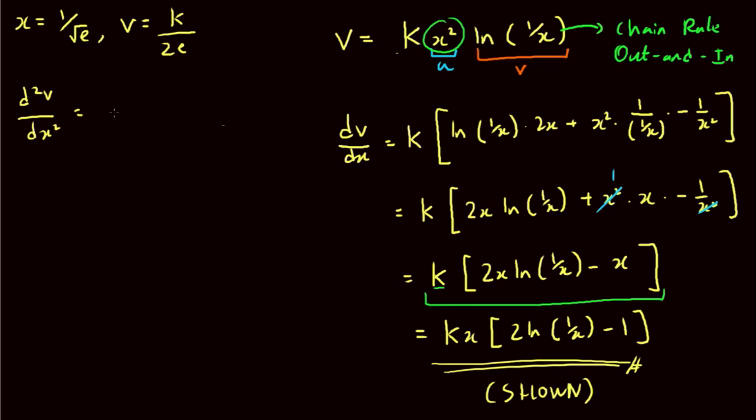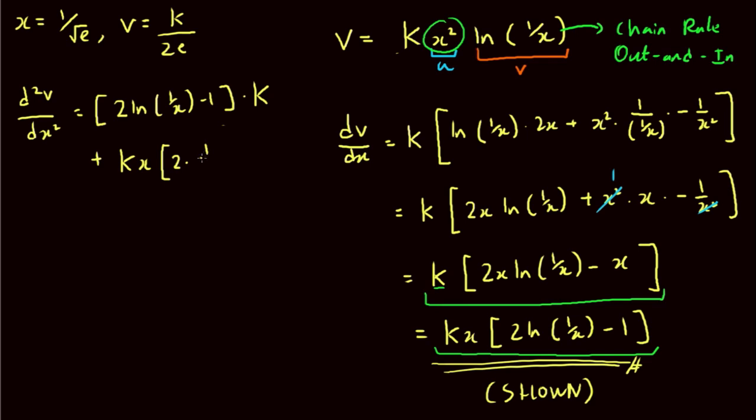So kx times this function that we're given here. So it would be 2 ln 1 over x minus 1 times k, the product rule, plus kx, and you differentiate the inner function, so it just becomes 2 times 1 over x times negative 1 over x squared, right?